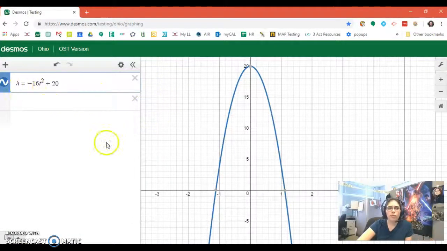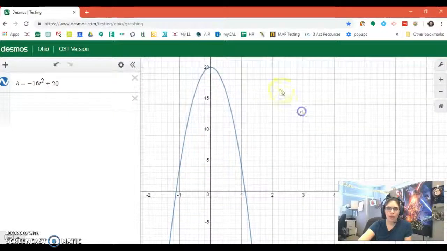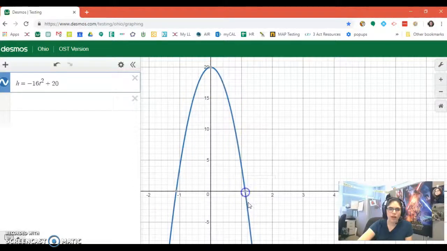Now, for this graph, my height is basically my y value, and my t is basically my x value. So I want to look for where my y value is 0, and that's going to be on the x-axis. So when I click here, this is where my height is 0, and it says t is 1.118.